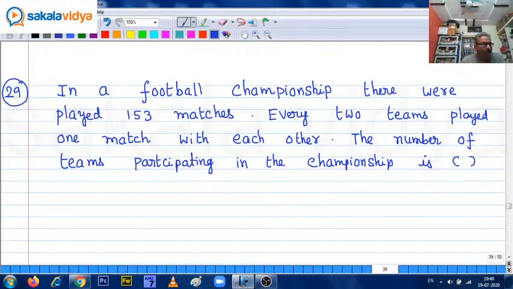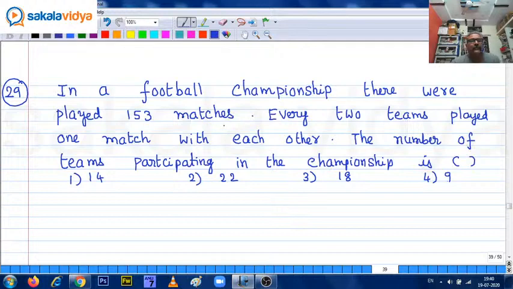First option is 14. Second option 22. Third option 18. Fourth option 9. That means how many number of teams did participate in the championship? That we need to find out.